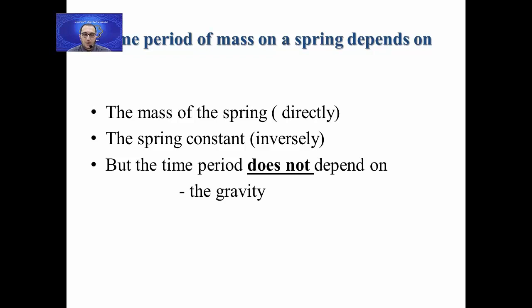But don't forget that the time period of this spring does not depend on gravity, because the formula doesn't include g. So put it in your mind, T is directly proportional to mass, but T is inversely proportional to the spring constant, from the formula T equals 2π root M over K.